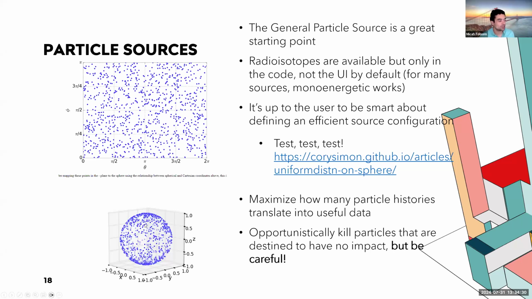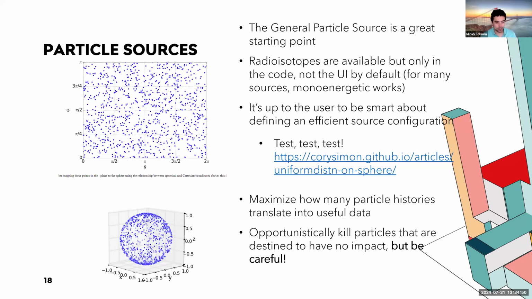This sort of thing can be a really scary and unfun bug to figure out. So again, if you're going to define your own source, make sure to test it, validate it, and really convince yourself that it is doing what you expect it to.